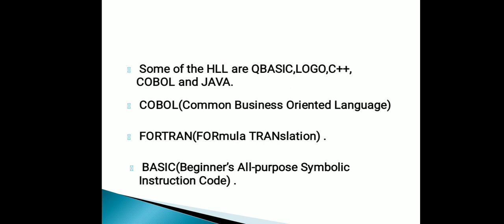The next one is Fortran. FOR refers to formula, and TRAN refers to translation. This is also a general purpose procedural imperative programming language that is especially suited for numeric computation and scientific computing. What is the meaning of procedural imperative programming language?